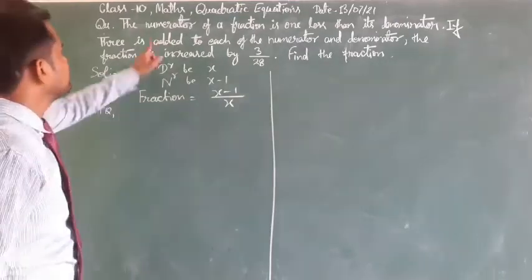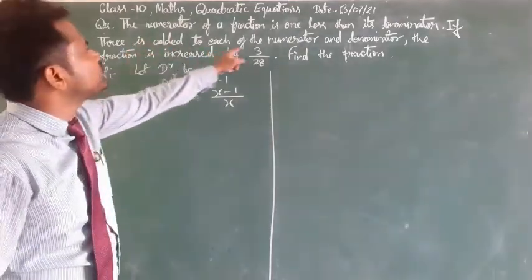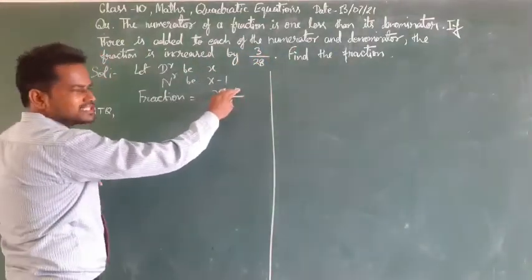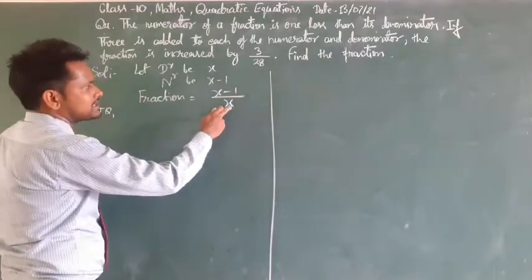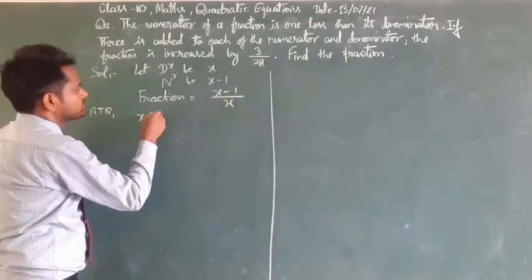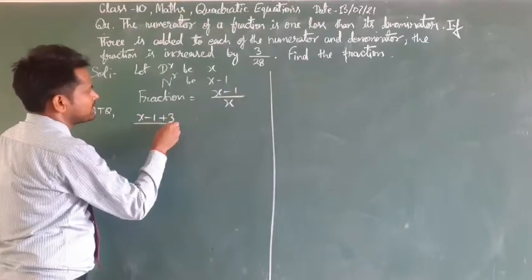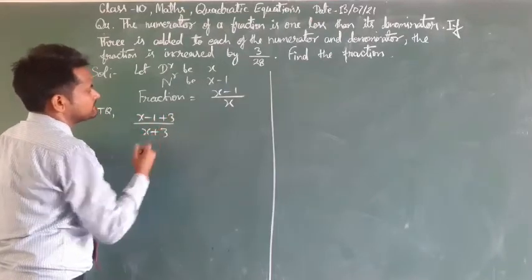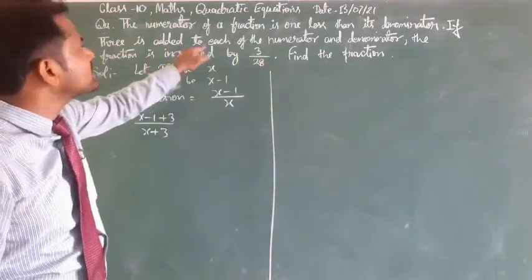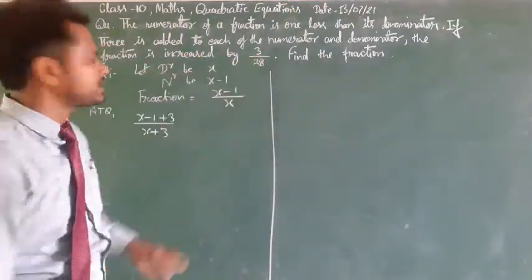According to the question, 3 is added to each of the numerator and denominator. Numerator is x minus 1, denominator is x, and when 3 is added to both, we get x minus 1 plus 3 and x plus 3. The fraction is increased by 3 by 28.